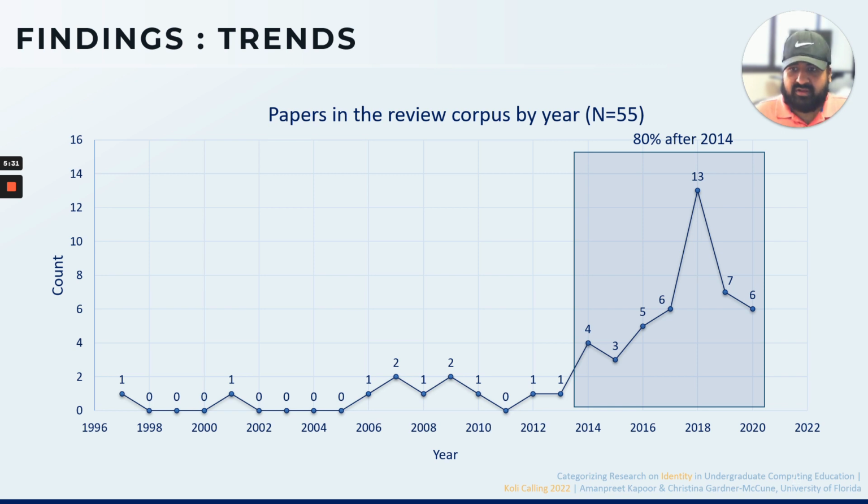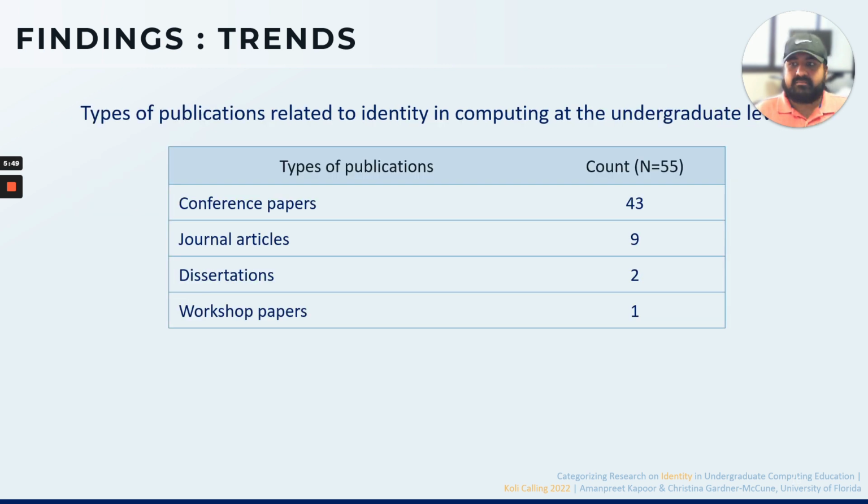You can see the numbers are a little less after 2019 because we conducted the search in March of 2020, so more papers might have been published, but it's quite evident that the interest in identity in computing is increasing over recent years.